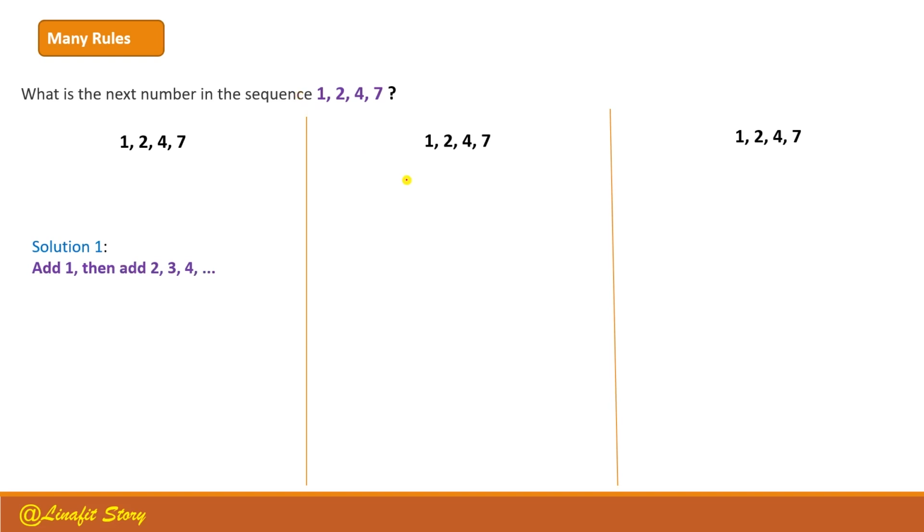The first solution is add 1, then add 2, add 3, add 4, and so on. So, the general rule is Tn is equal to n(n minus 1) out of 2 plus 1.